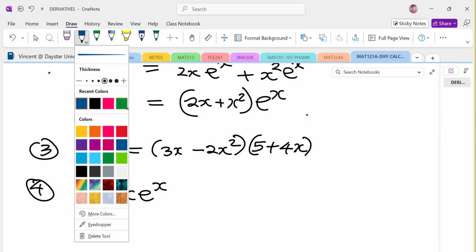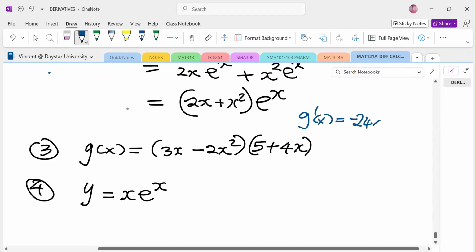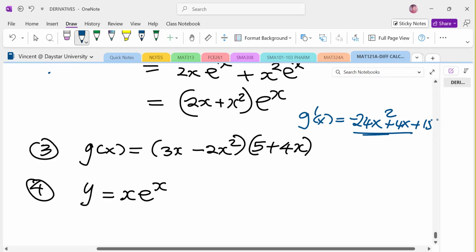G prime here should be minus 24x squared, then plus 4x plus 15. So ensure that you get this one. You let this one be your u, this one be a v. Then what is the y prime for this?